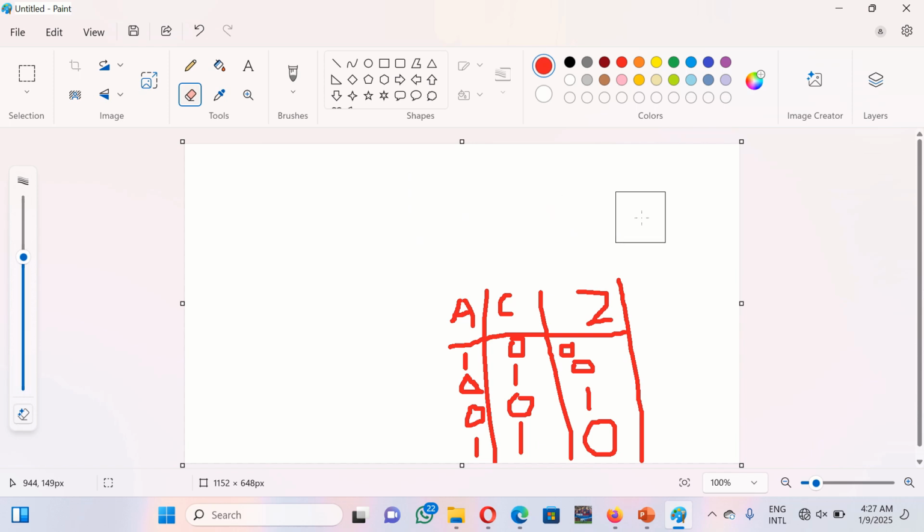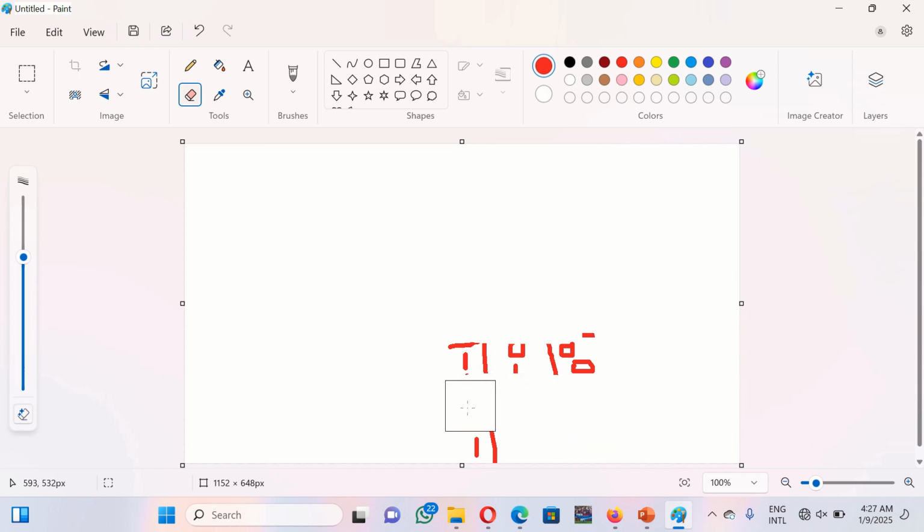Okay. So there could be a question where the OR gate, AND gate, and any other gate are put together.